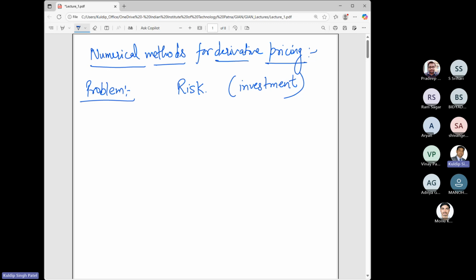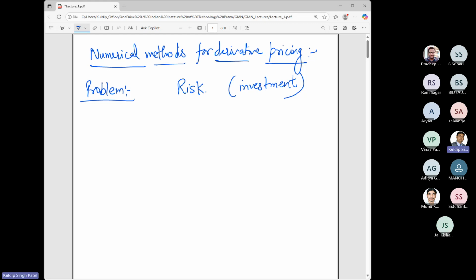So risk is always associated, and if we are investing in a risky asset, right? I'll come to this risky asset and risk-free asset, and then we'll also discuss what is risk. So quickly, let us try to understand first, a kind of recap, what is a risky asset and a risk-free asset.